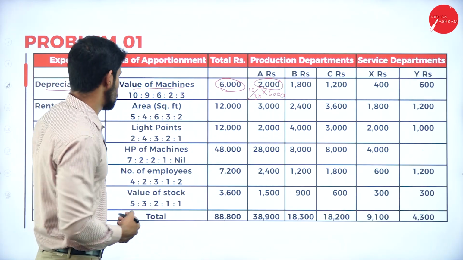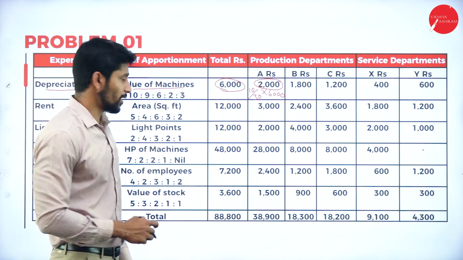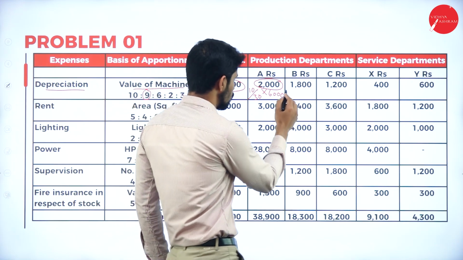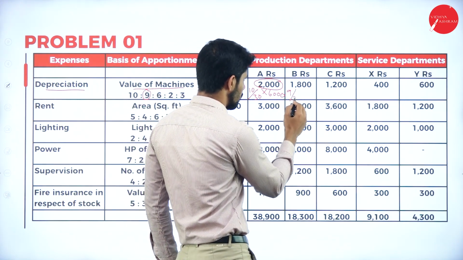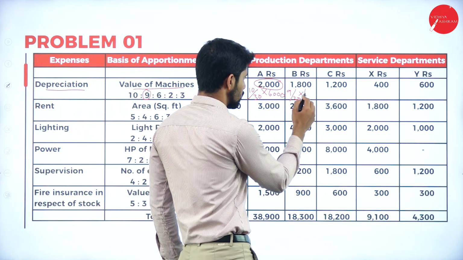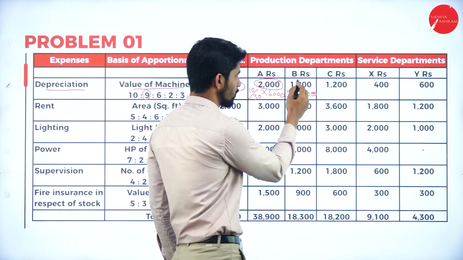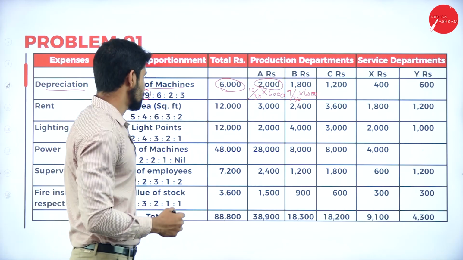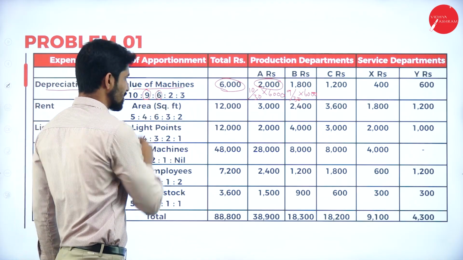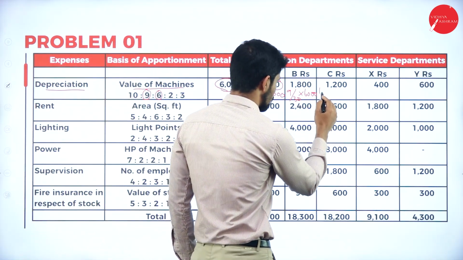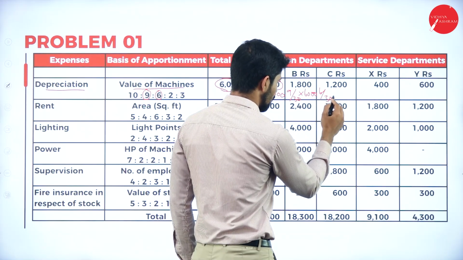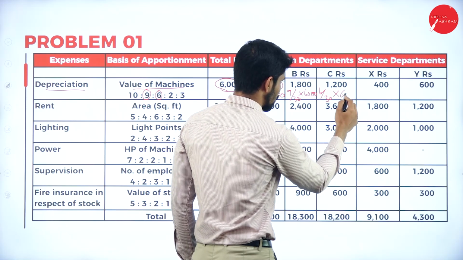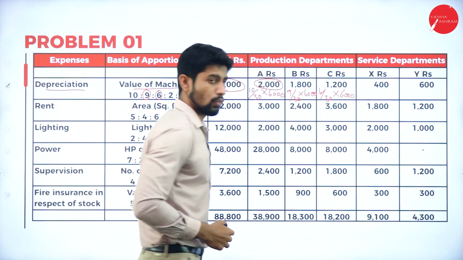Got it? Next, production department B. What is the ratio? It is 9. So 9 divided by 30 into 6,000. How much will you get? 1,800. Next, production department C. Ratio is 6. So 6 divided by 30 into 6,000, that is 1,200.